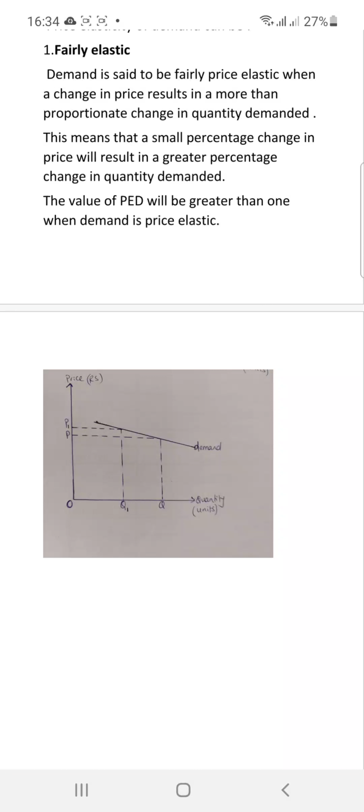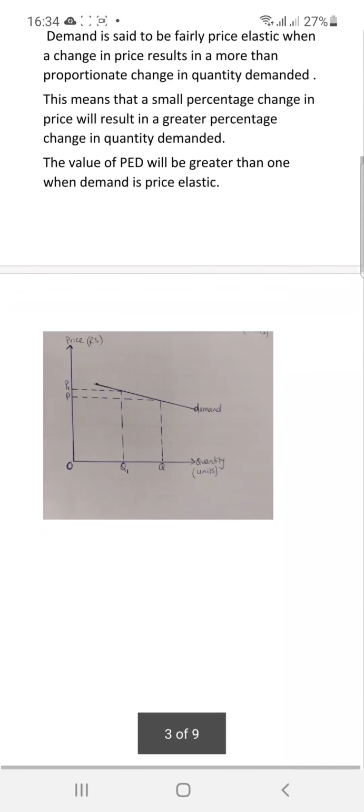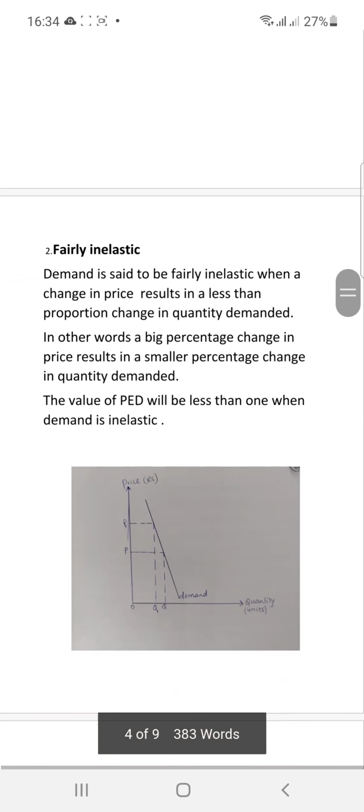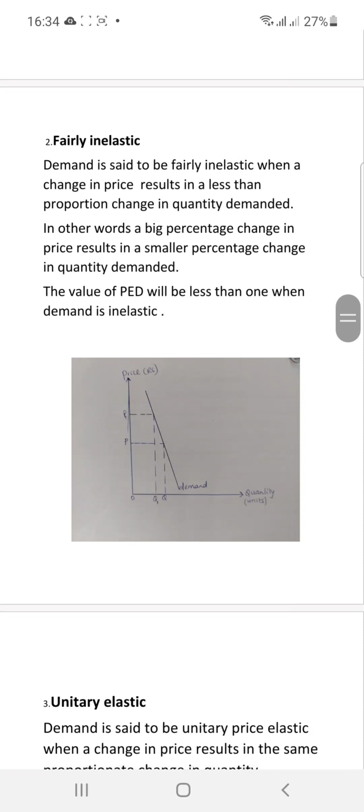And when we have these 2 points on our diagram, it is very easy to draw the diagram.